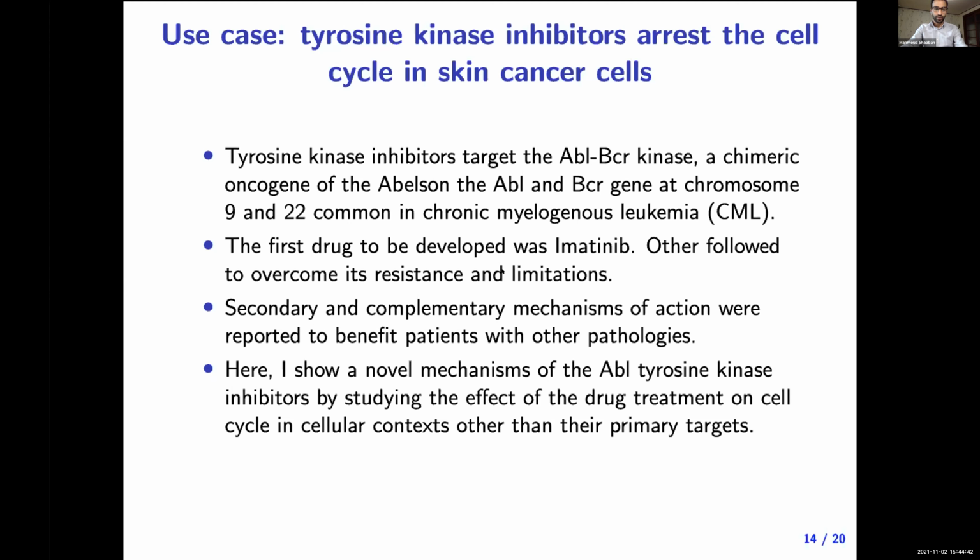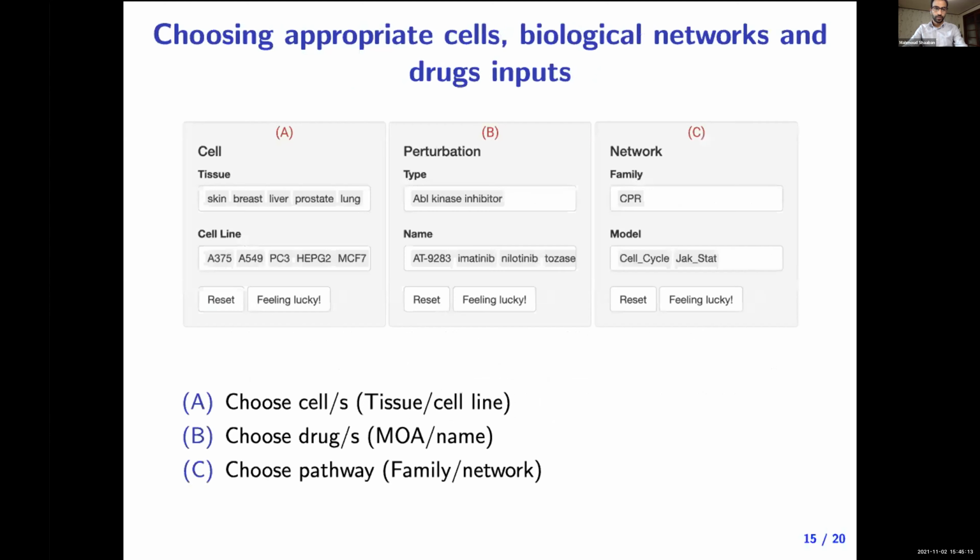So the first drug to be developed in this class is imatinib, and there is a lot of discussion and a lot of work in the literature on the secondary or alternative mechanisms and contexts where this class of important drugs work. And here I'm trying to see, for the ABL kinase inhibitors, what other cell lines they could work on, and what other gene products they could target.